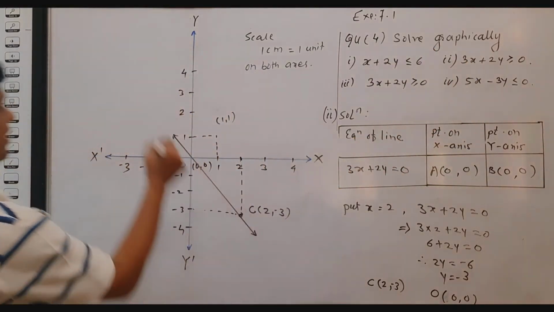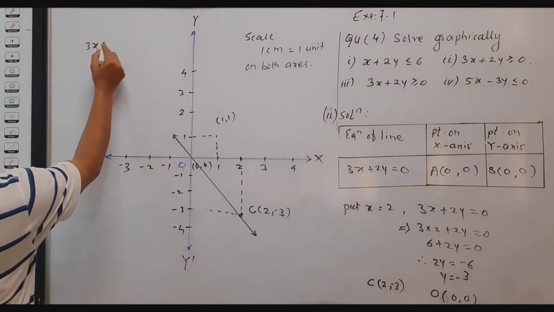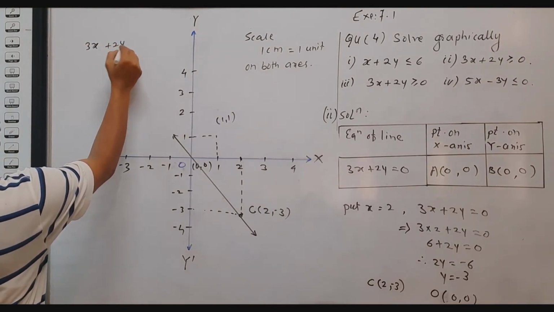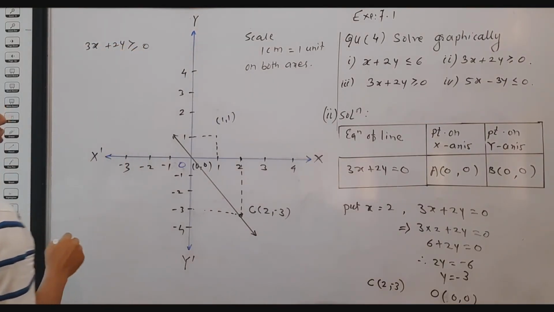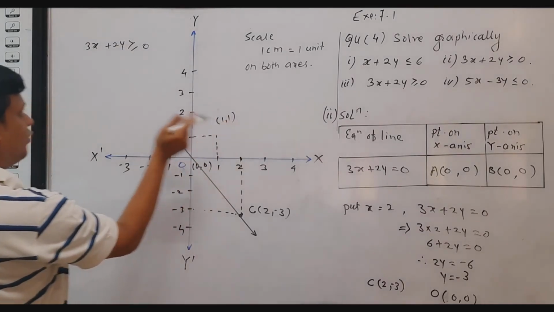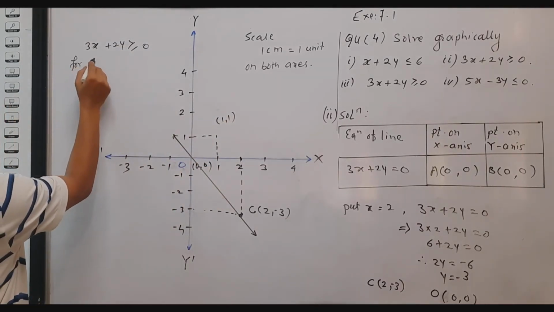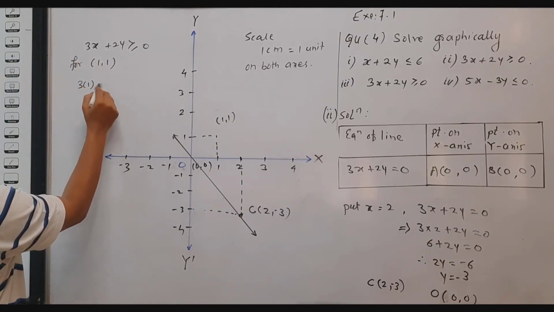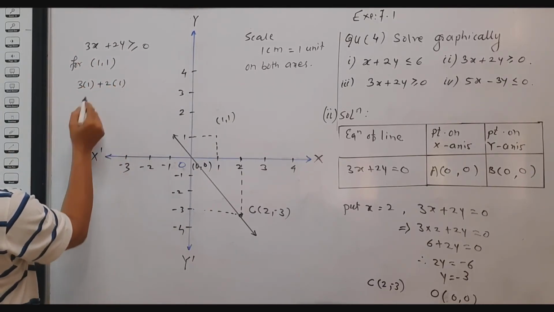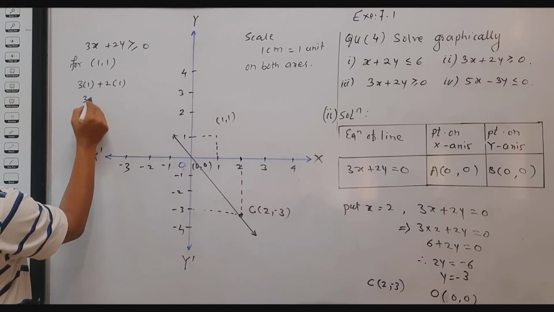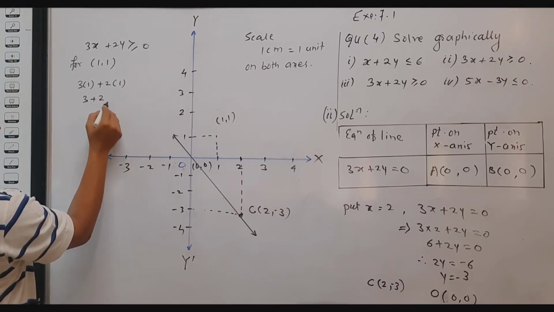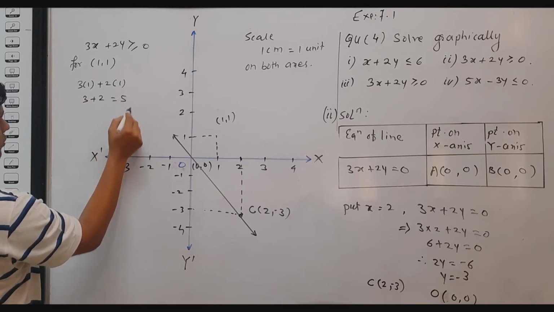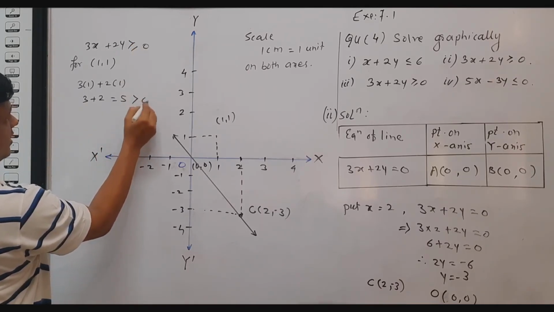So we write the inequation 3x plus 2y greater than or equal to 0. For the point 1, 1, we write 3 into 1 plus 2 into 1. So 3 into 1 is 3, 2 into 1 is 2, that is equal to 5. And we know that 5 is greater than 0.